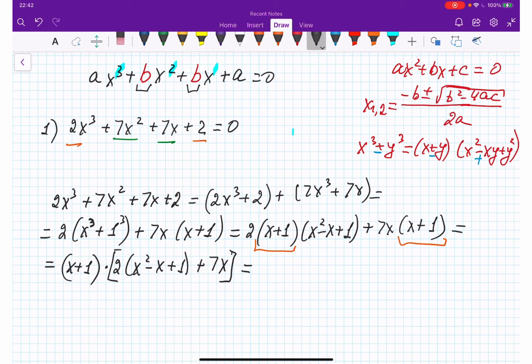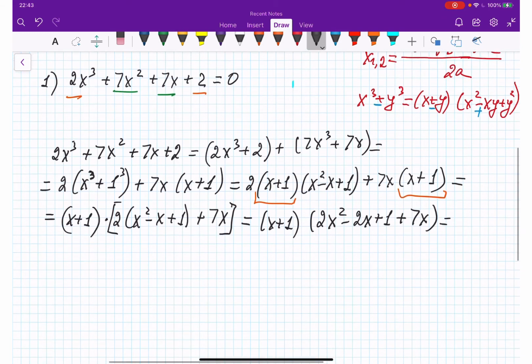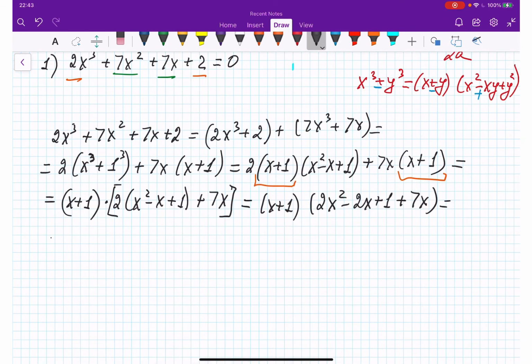Let me open these square brackets and simplify. It will be (x + 1)(2x² − 2x + 2 + 7x), and this is equal to (x + 1)(2x² + 5x + 2).